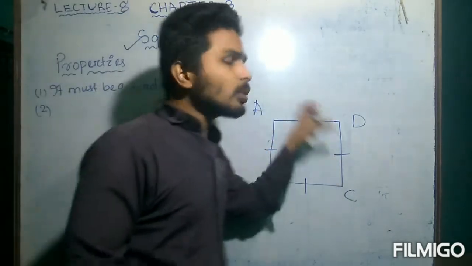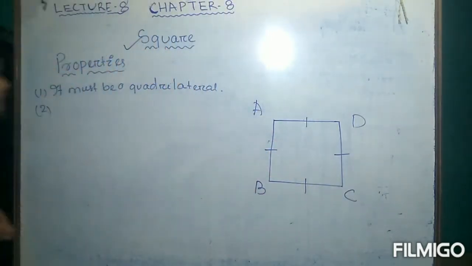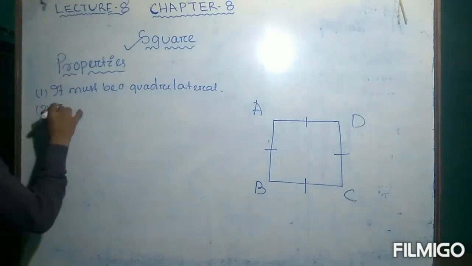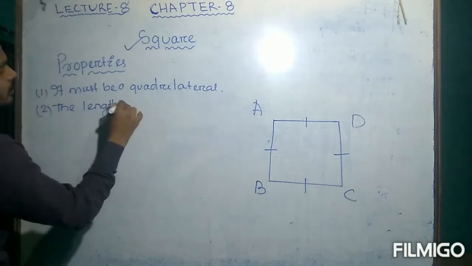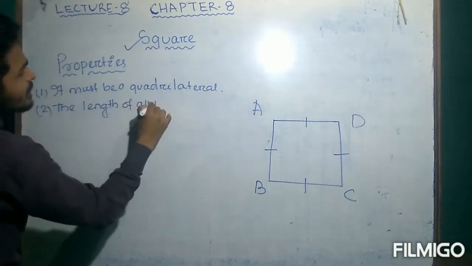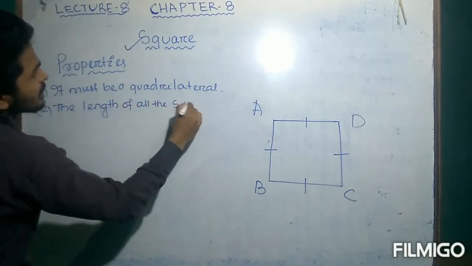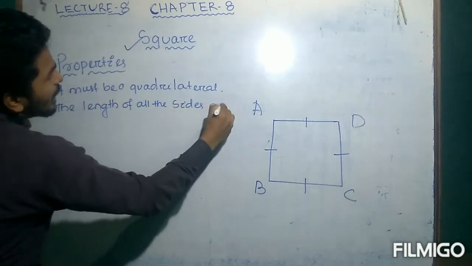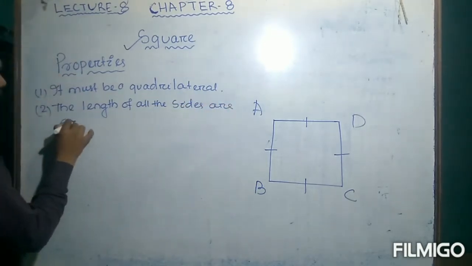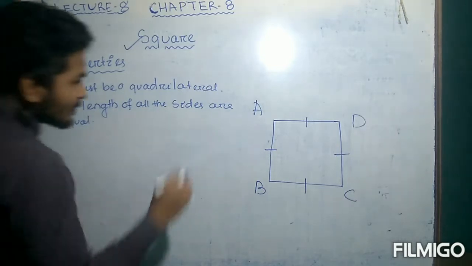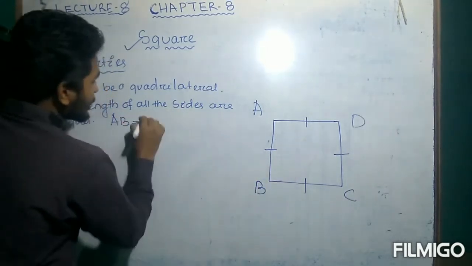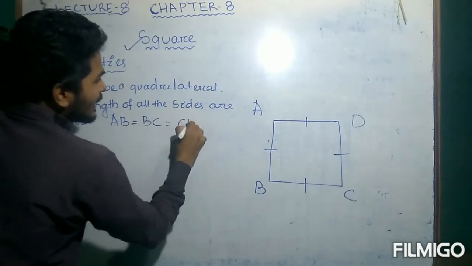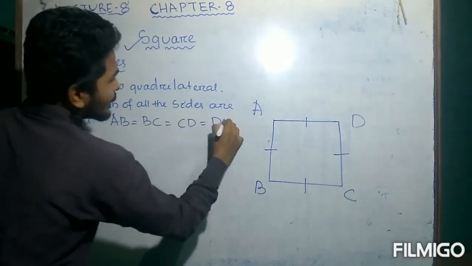So the lengths of the four sides are equal in a square. So in this figure we can write AB is equal to BC is equal to CD is equal to DA.